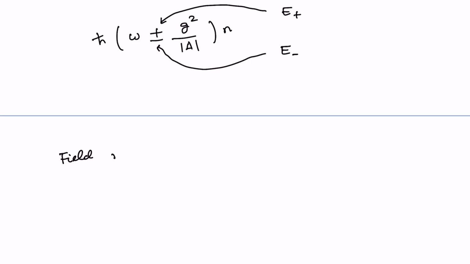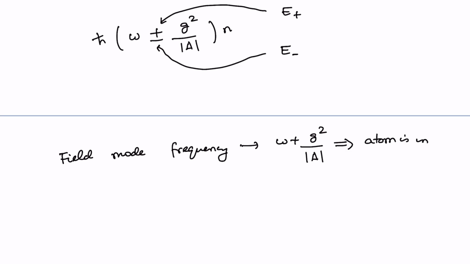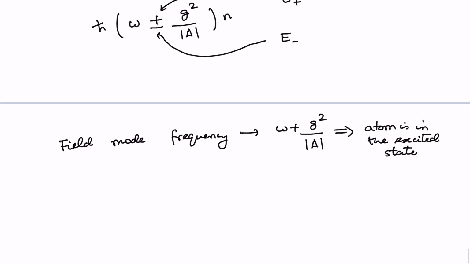When the field mode frequency is measured, if you get omega plus z² by mod delta, the field frequency is upshifted, which means the atom is in the excited state, without measuring the atomic state directly.